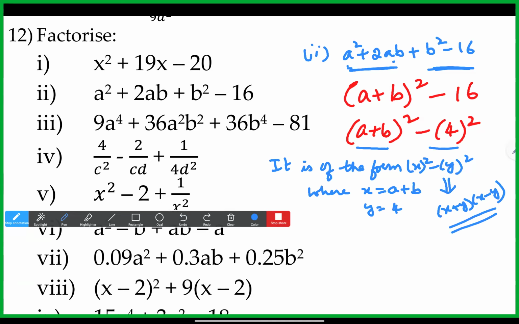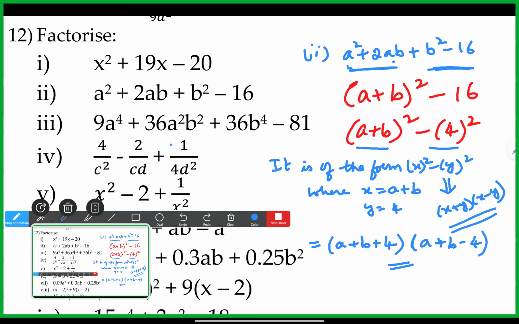Just write it like this for the answer. x plus y means a plus b plus 4, and x minus y means a plus b minus 4.